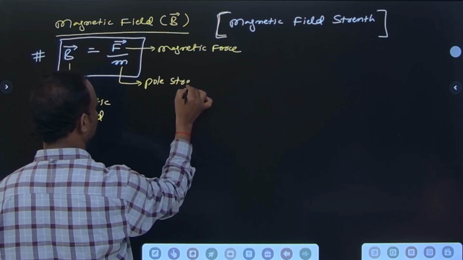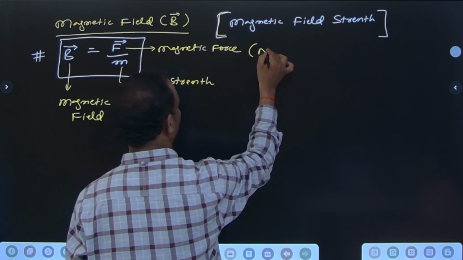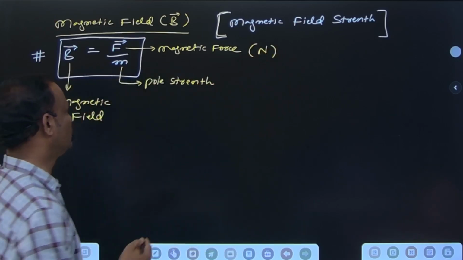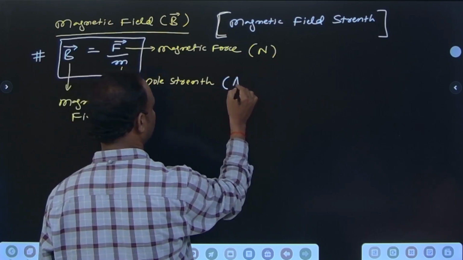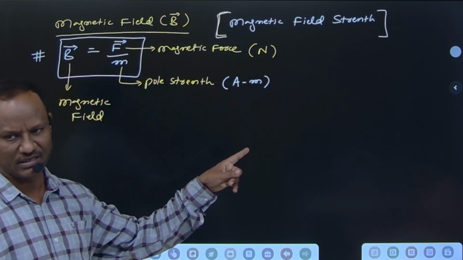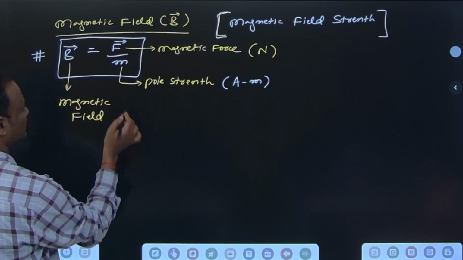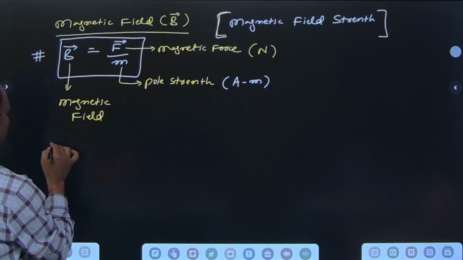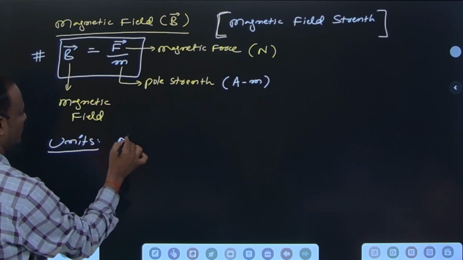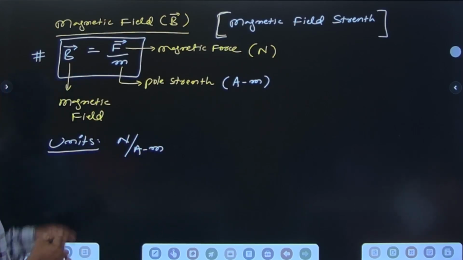Magnetic force is measured in what? Newton. Pole strength is measured in what? Ampere meter. Don't say ampere minus meter. It's ampere meter. So what is the unit of magnetic field?